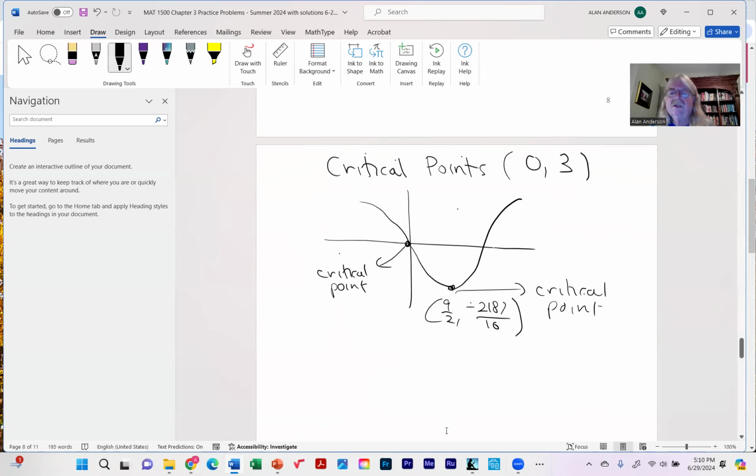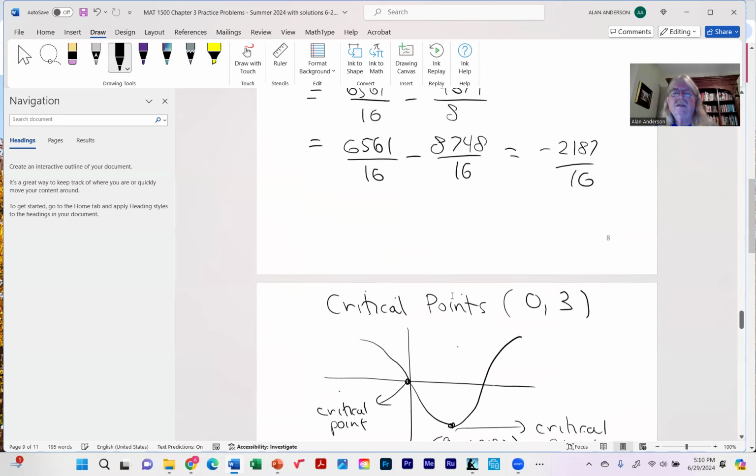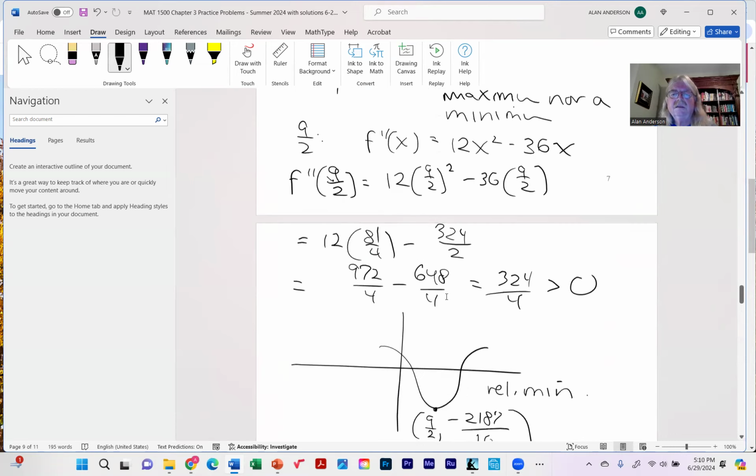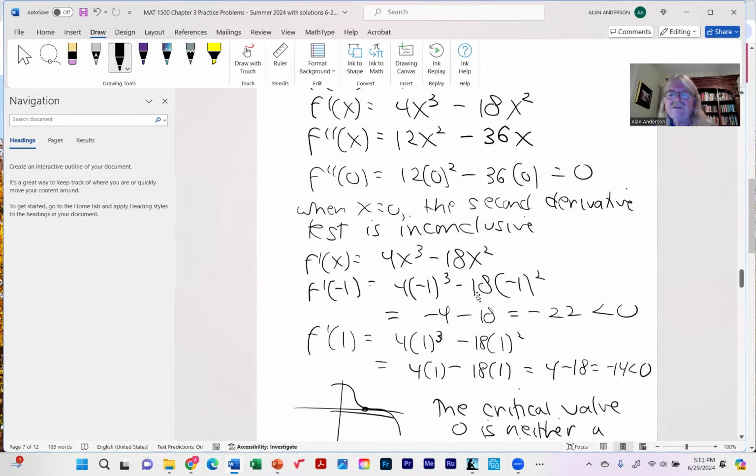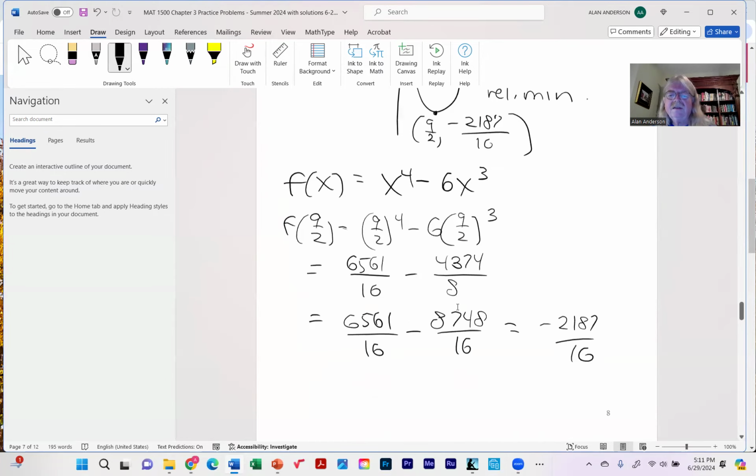Okay, so let's just quickly confirm that. We have f prime of x equals, once again, I guess I didn't memorize it, 4x cubed minus 18x squared.